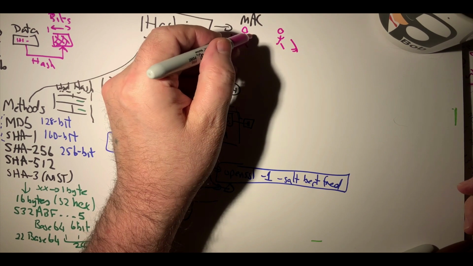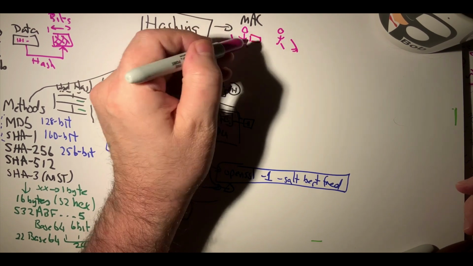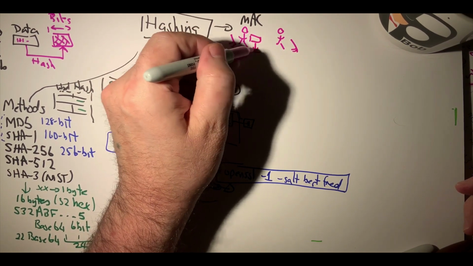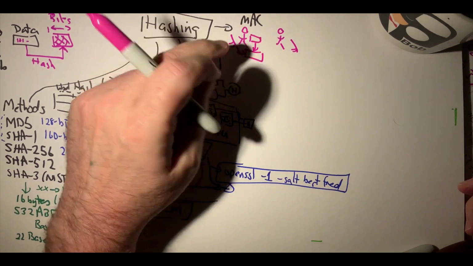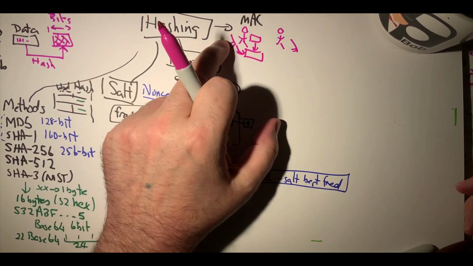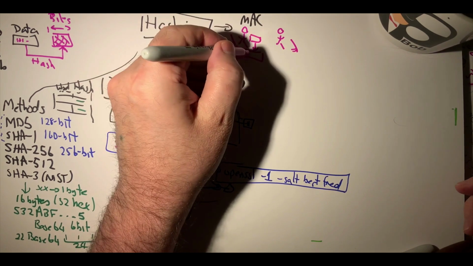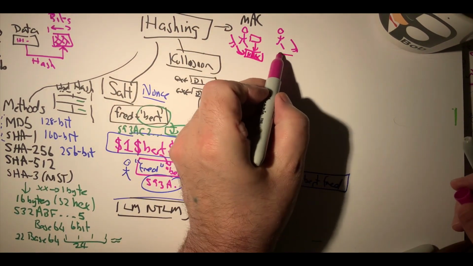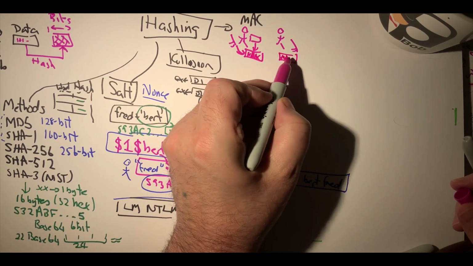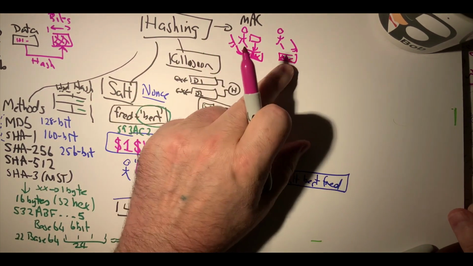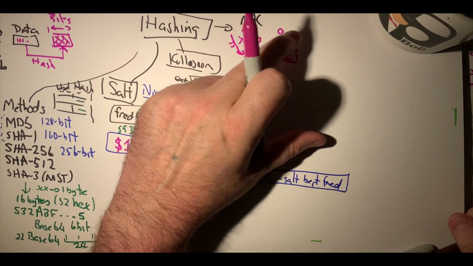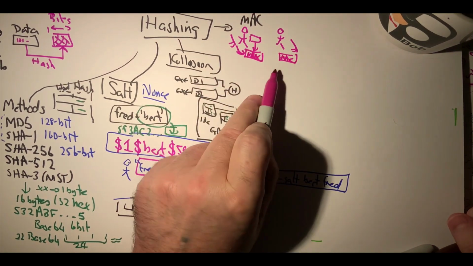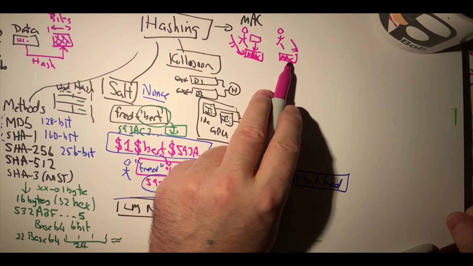Then whenever they have a message, they will take a hash of it and then encrypt it with the key. And this creates what's called an HMAC. So the HMAC is sent with the message, and then because Alice has the same key, she can actually produce the same HMAC.